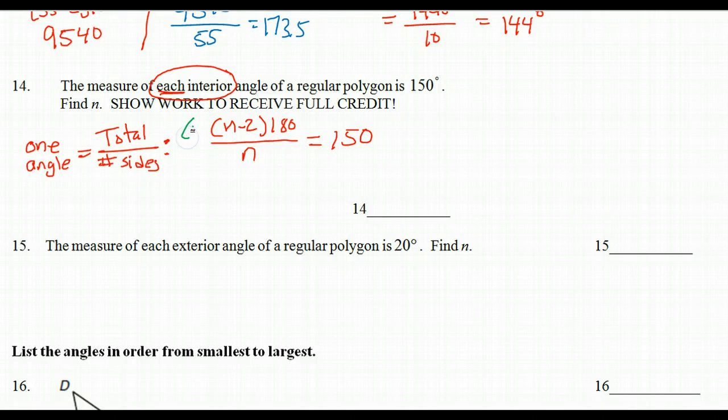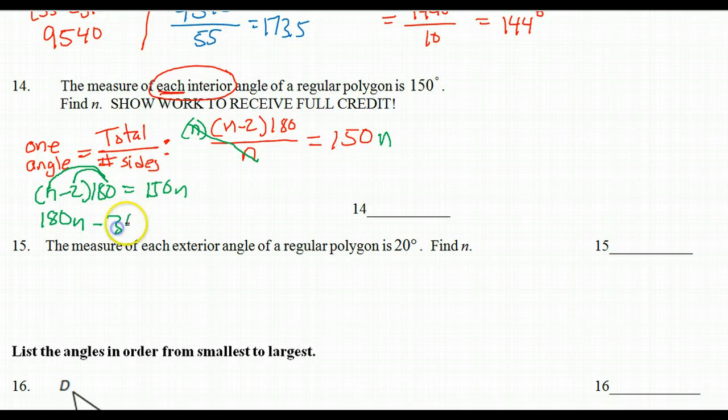One way is algebraically. If I divide both sides by n, that way these n's cancel each other out. So that's going to leave me with n minus 2 times 180 is equal to 150n. Next, you really want to go ahead and do the distributive property with that 180. So this would be 180n minus 360 equals 150n.